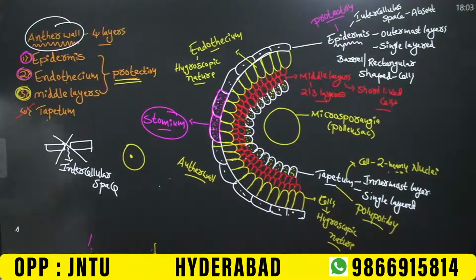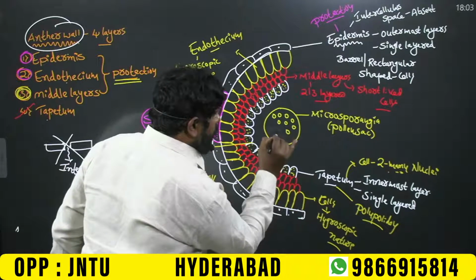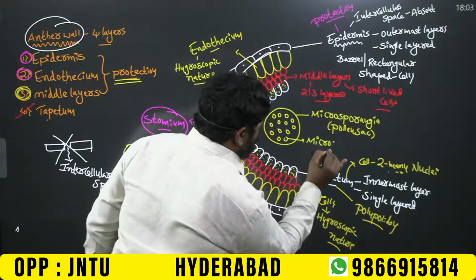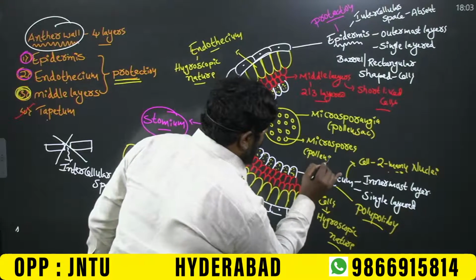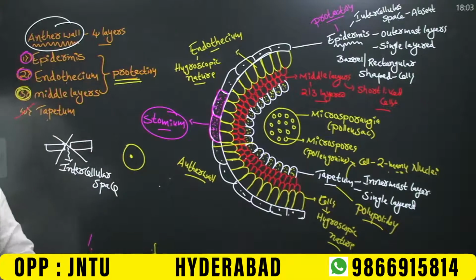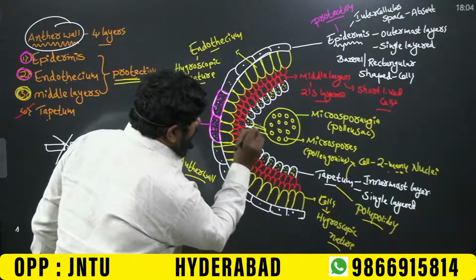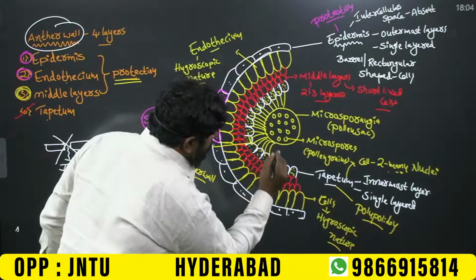And listen carefully. Inside the microsporangia, finally microspores are developed. Microspores are also called pollen grains. Again it will come, I will explain, don't worry. See, this is the tapetum.